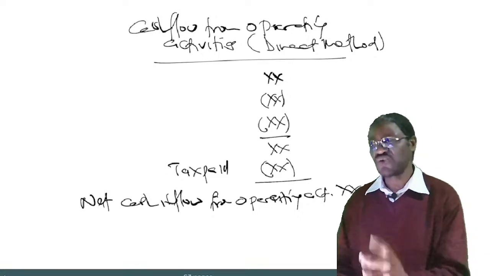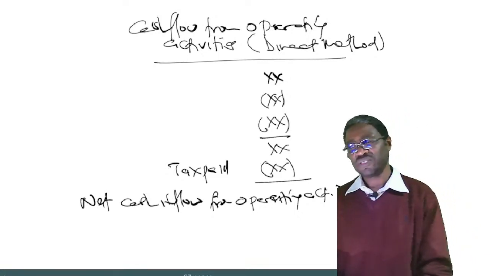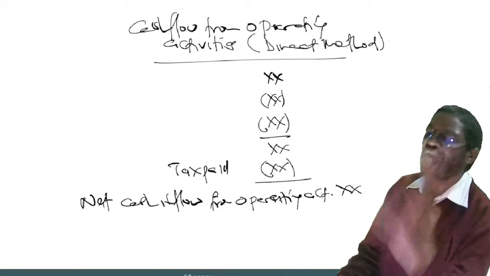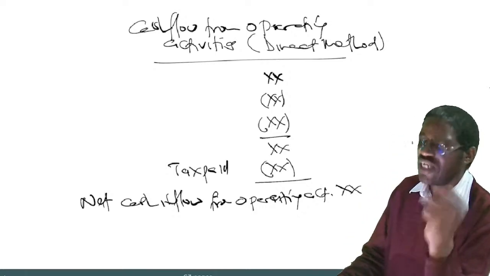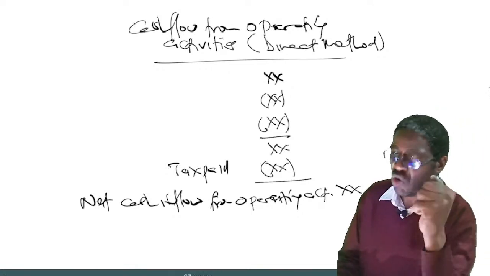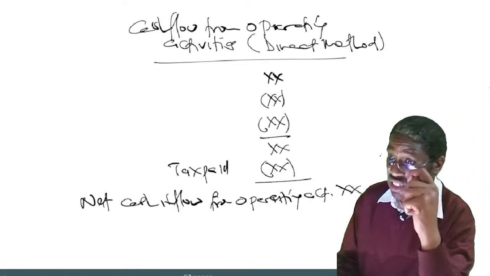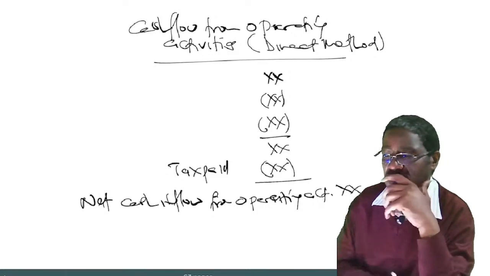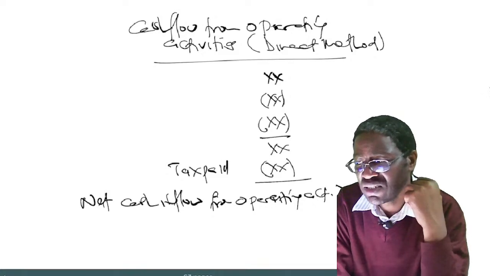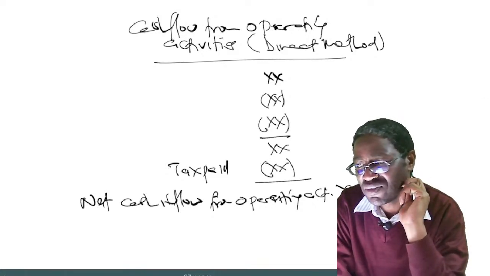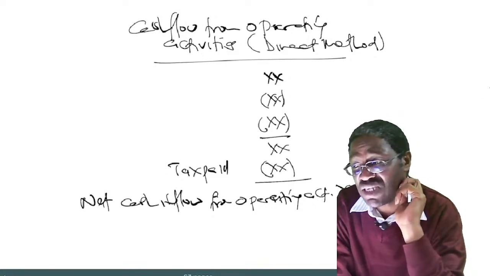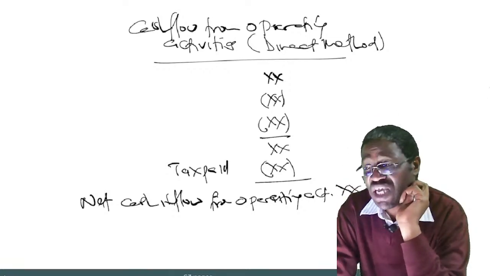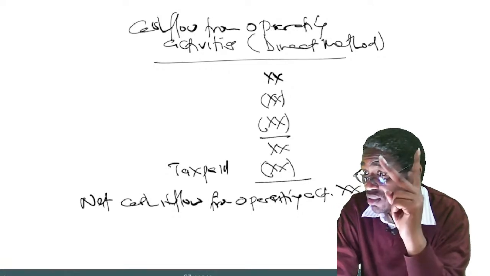So what I want you to remind me are, what are these three things that you had to use in the determination of the cash flow from operating activities using the direct method? What are they? Two of them you can see I've put them in brackets.